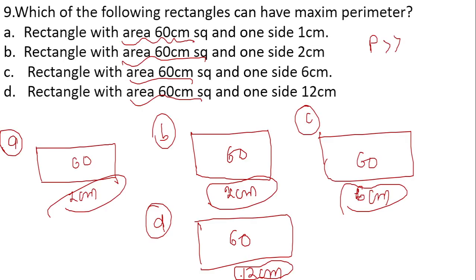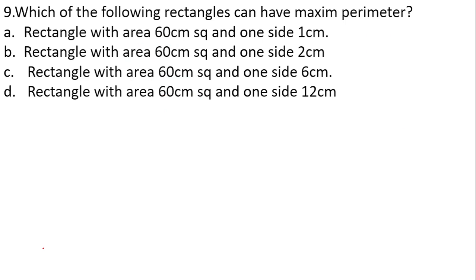Before ending the lecture, one thing that I would like to highlight is some of the formulas. Let me give you those formulas. Whenever we talk about a square shape, all the sides are equal.